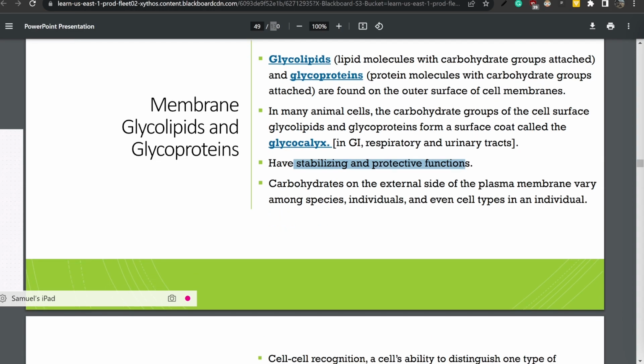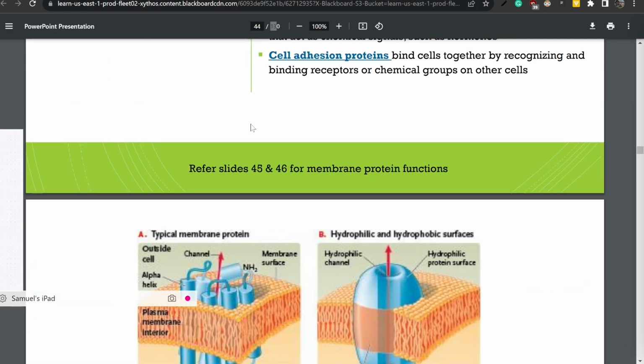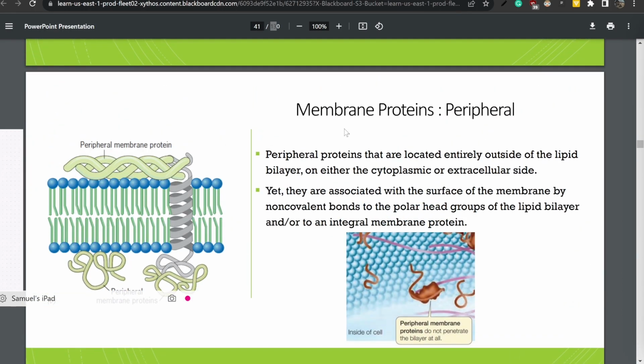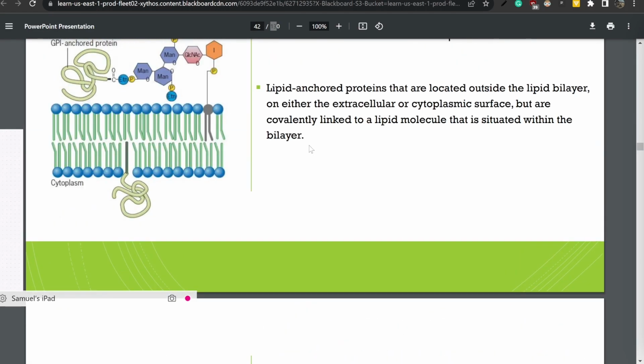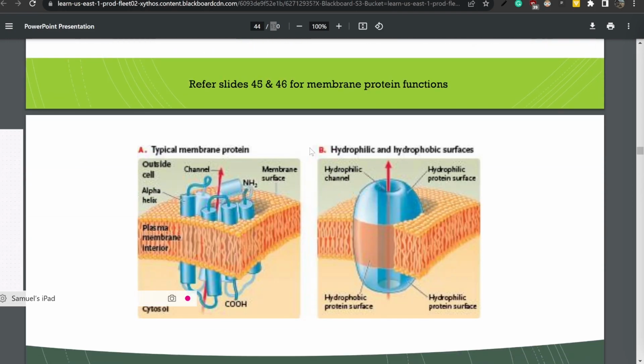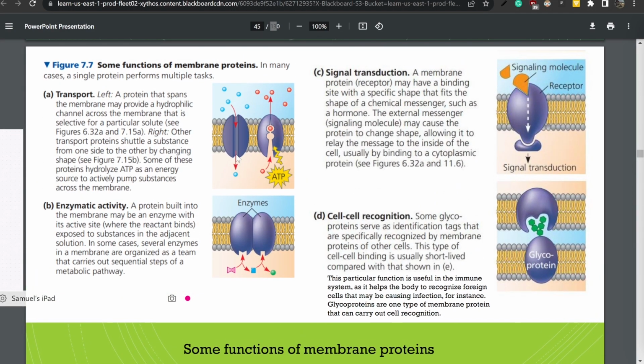So now that I know, whenever I think about transmembrane proteins, membrane proteins, transmembrane proteins is what? Trans is through.